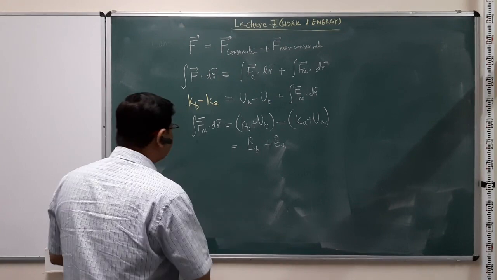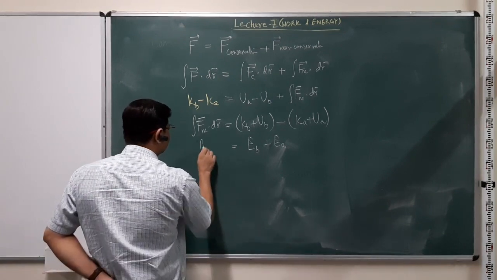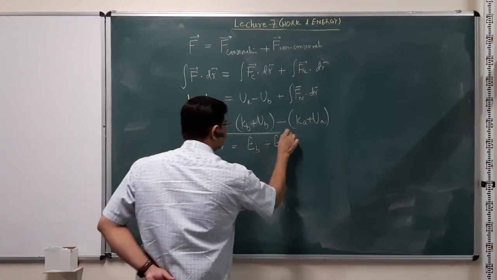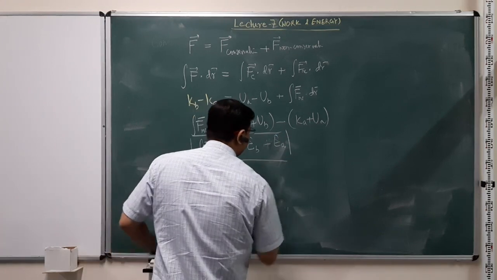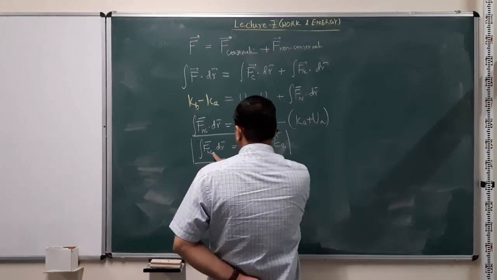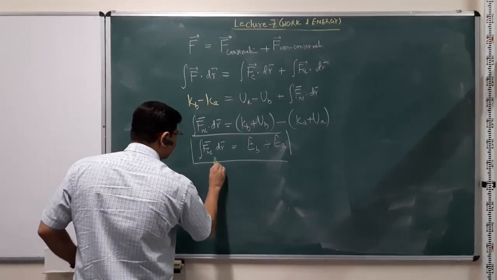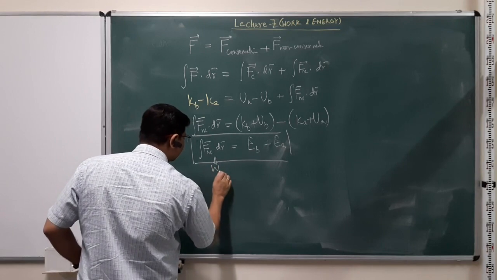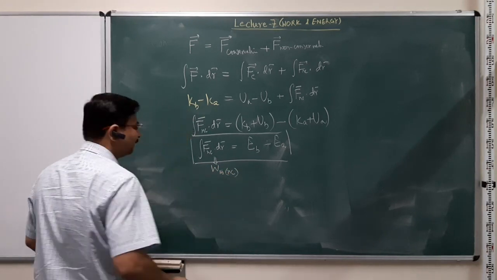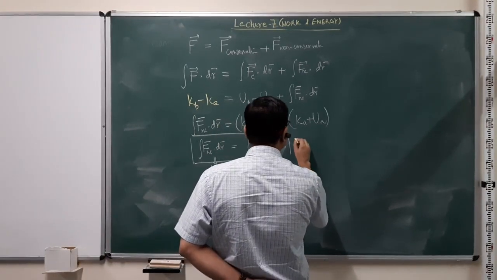Okay? So this then becomes our important result. And what it states is, this I can still write as the work done in going from A to B by non-conservative forces, right? Because this is how we define this path integral.